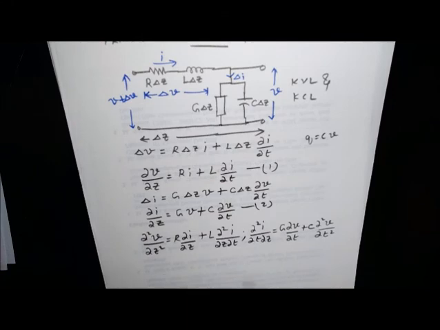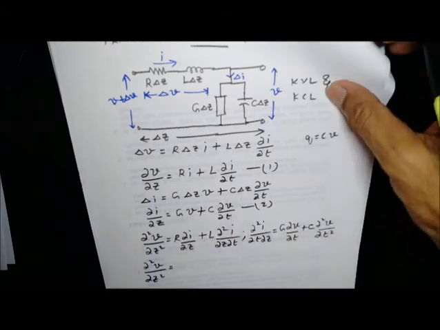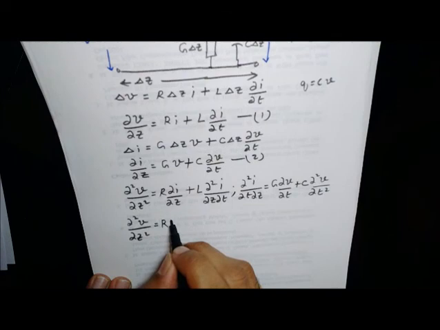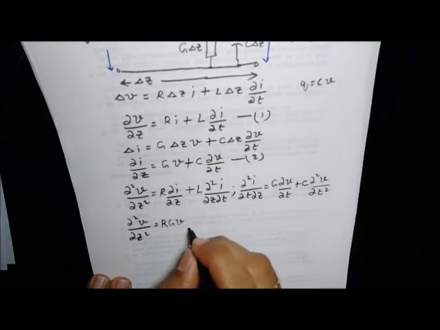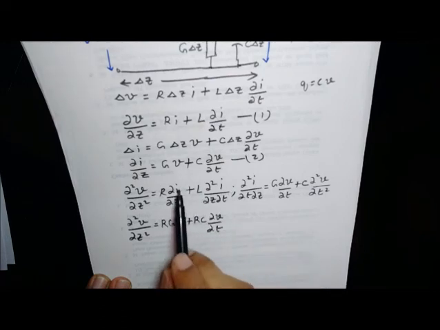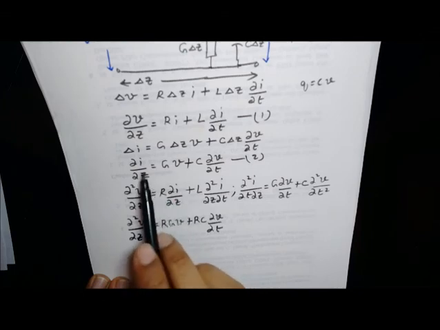Now we look at this, and wherever possible we'll replace the I terms. So here in place of ∂I/∂z I can write this, that is equation 2. So equation 2 will replace ∂I/∂z here. So I will get RGV plus RC ∂V/∂t, because this ∂I/∂z is replaced with this.